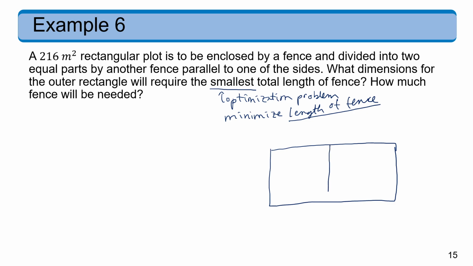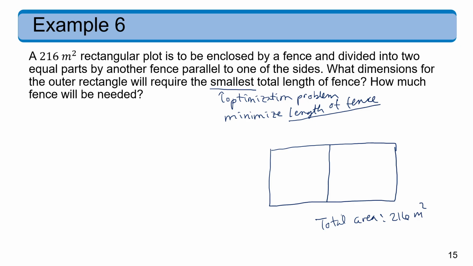Let's just say this way. But we do have to make sure the 2 halves are equal. Now, what are we told? The area inside the entire thing is 216 square meters. And that's all we're told.